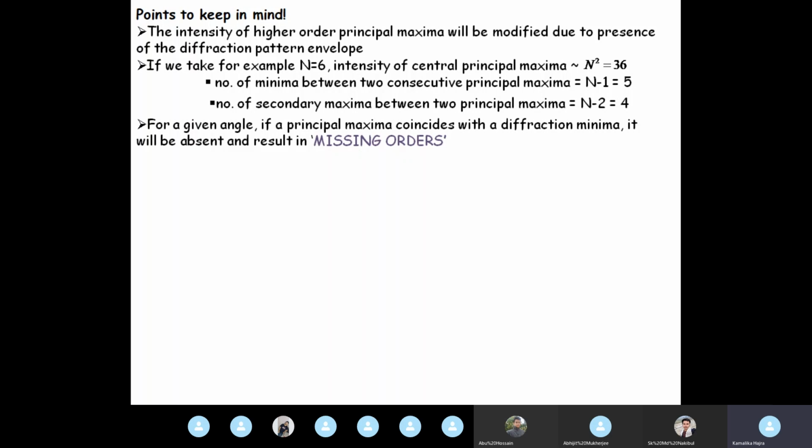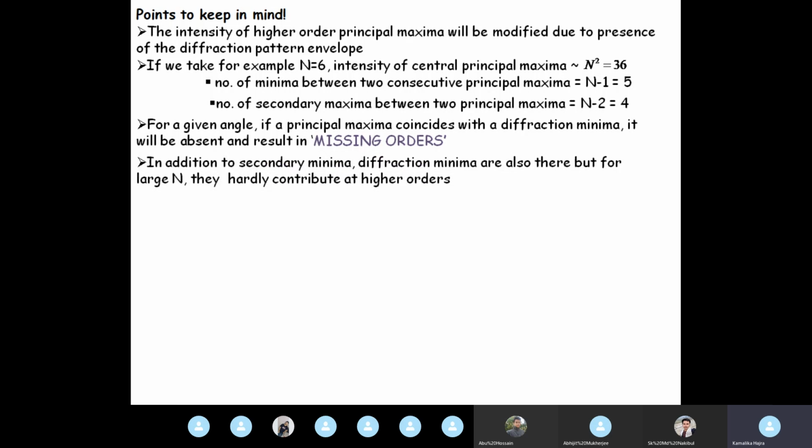We discussed missing orders in detail for our double slit diffraction case, and in the same manner missing orders will be present here too, because if a particular principal maxima coincides with the diffraction minima present at that very position, then the dark line for the diffraction minima will obliterate the bright line for the principal maxima, and that will not be present in our final intensity result, and therefore it will be called a missing order.